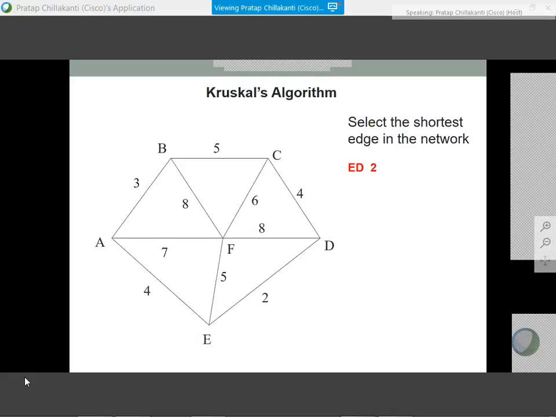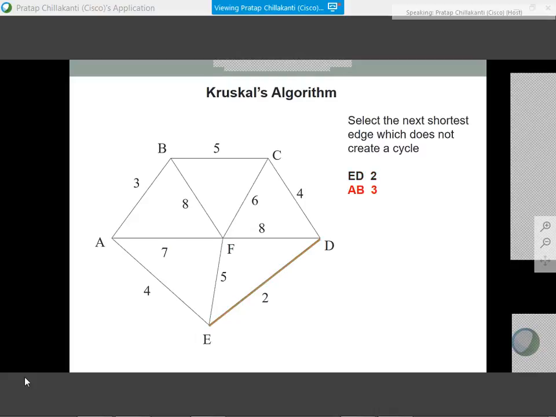That is step number 1. Step number 2. What is step number 2? Next lowest edge, I think, AB. But we have to check that there is no cycle. So where is AB here? AB is there, so it's going to make it red. See, ED, AB, they are being highlighted in colors.